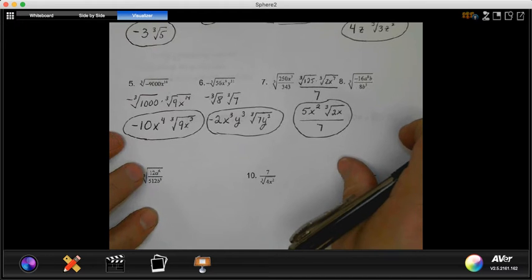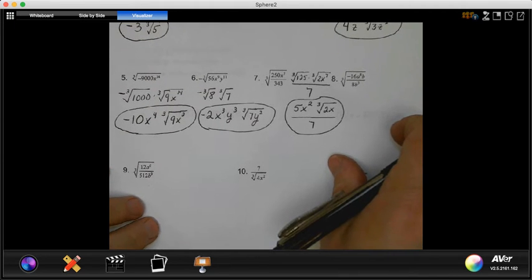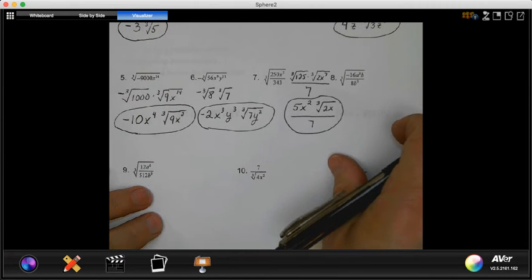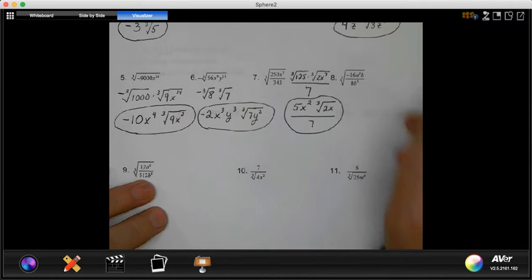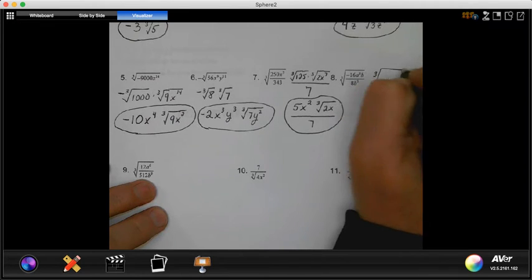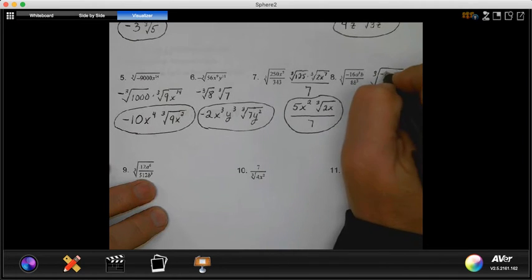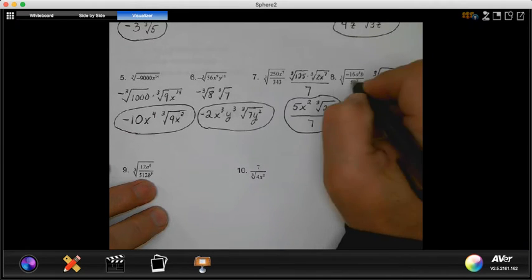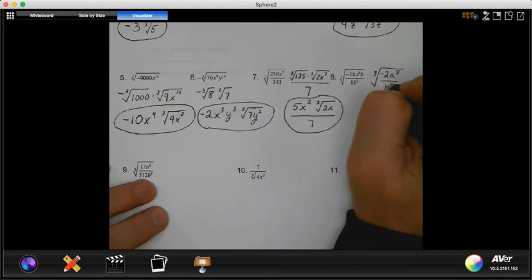Yeah, with number 8, it looks like we can simplify before we multiply. So let's simplify before we multiply. So under the cube root, in the numerator, I'll have negative 2a to the 8th, and then the denominator, I'll just have b squared.